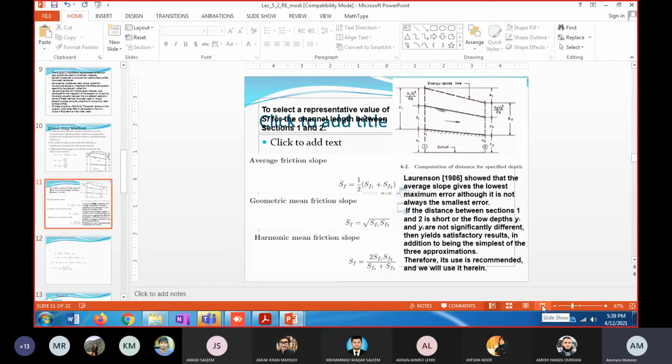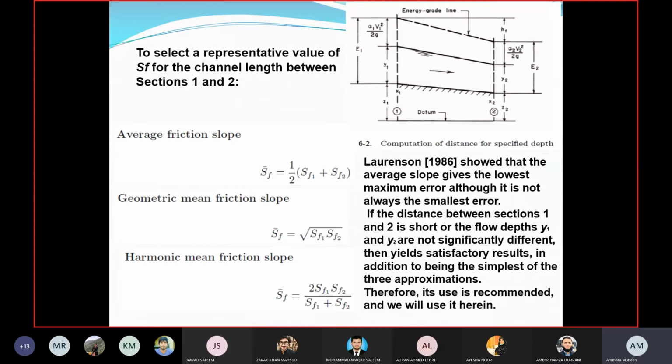Okay, just check the slide, and there are different methods to get the slope of the energy line, and the average frictional slope. This frictional slope is the slope of the energy line.